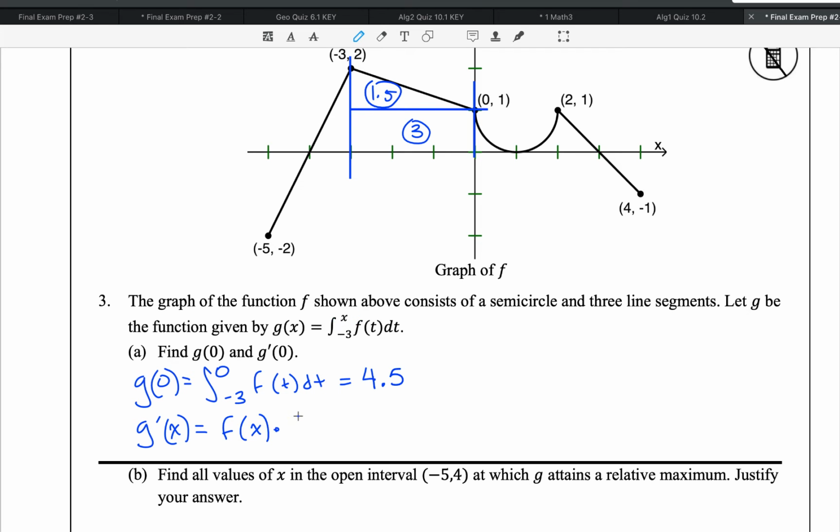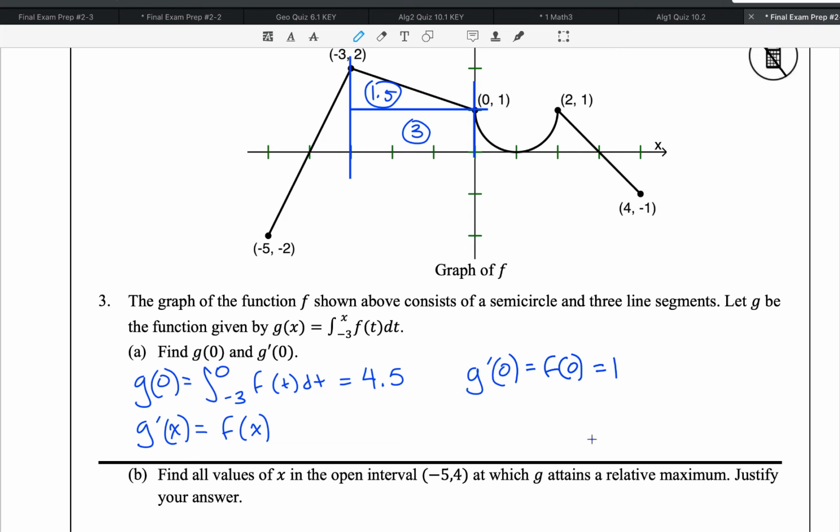It's kind of silly to write that, so I'm not going to write that. So it's just f of x, which means height at any point, which means g prime of 0 is going to be f of 0, the height at 0, the y-coordinate at this x-coordinate 0, is 1. So this is going to be equal to 1.